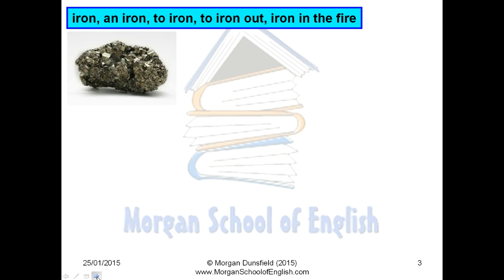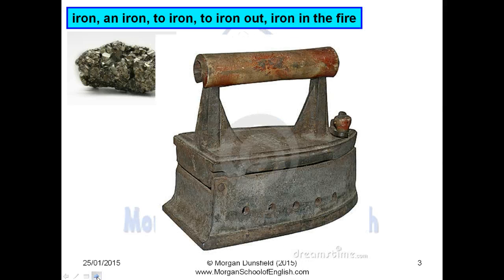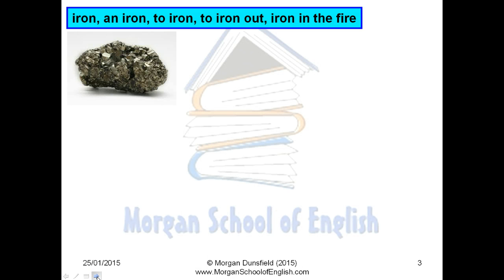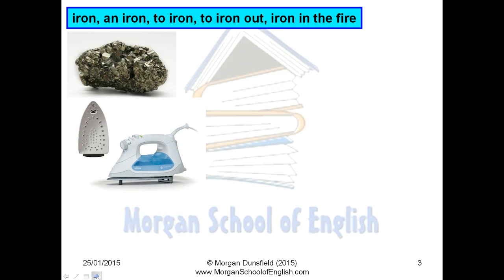Iron. The first one, that's a mineral. An iron. Oh gosh, that's old. Let's get rid of that. Much better. That's an iron, a modern iron. The old one used to be made out of the mineral iron, but the modern one is not. Technology has changed.